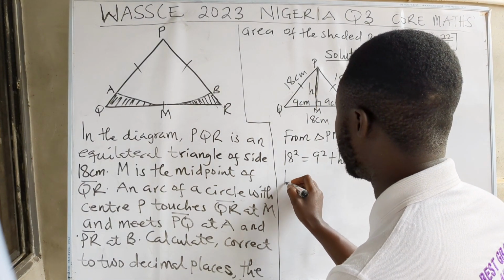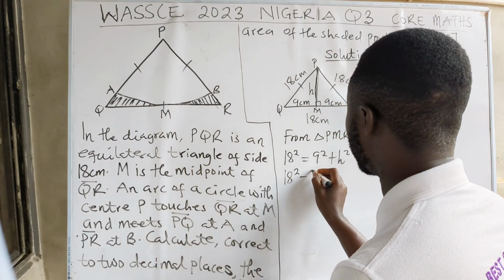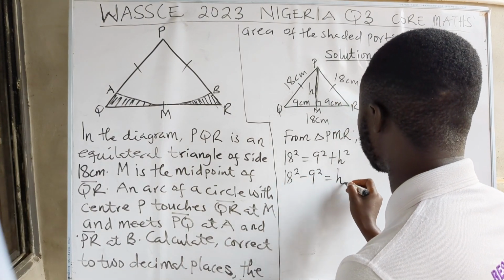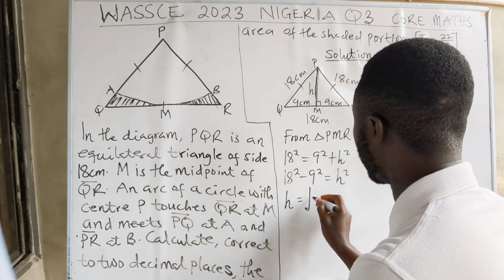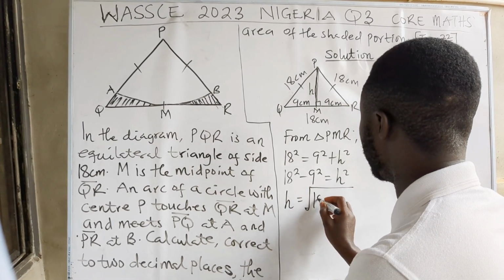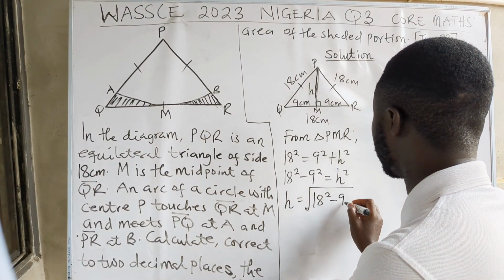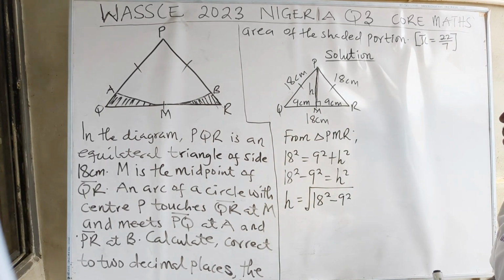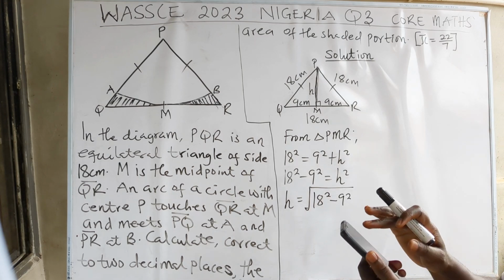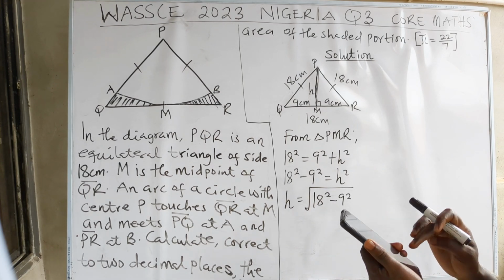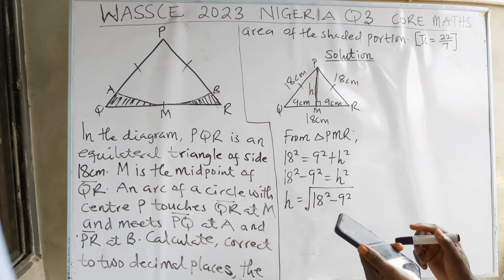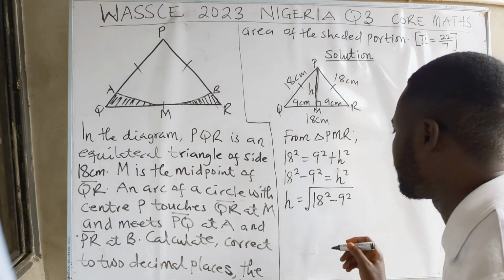So I'll have 18 squared minus 9 squared is equal to h squared, and then h is going to be the square root of 18 squared minus 9 squared. So first of all, let's find 18 squared minus 9 squared. 18 squared minus 9 squared will give us 243.